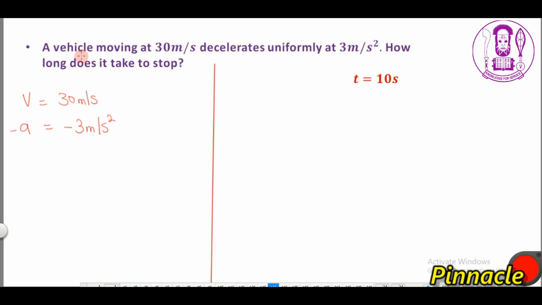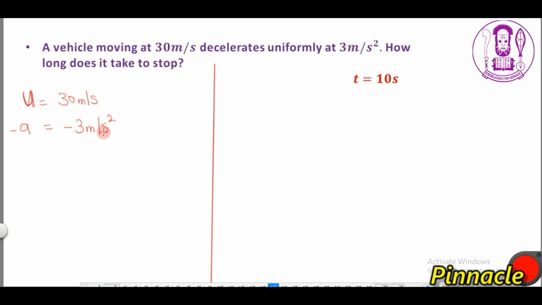Initially the vehicle was moving at a velocity of 30 meters per second, so our initial velocity is equal to 30 meters per second. And then it decelerates uniformly at 3 meters per second square, so our acceleration is minus 3 meters per second square.